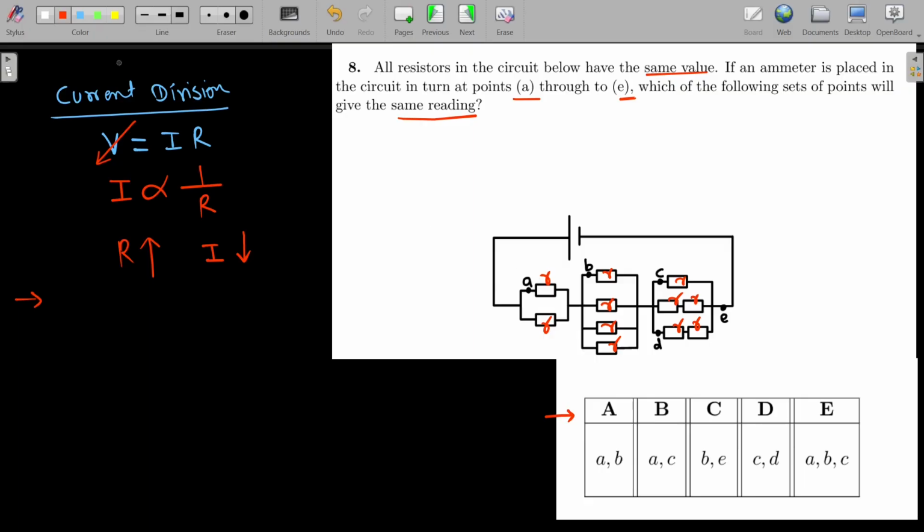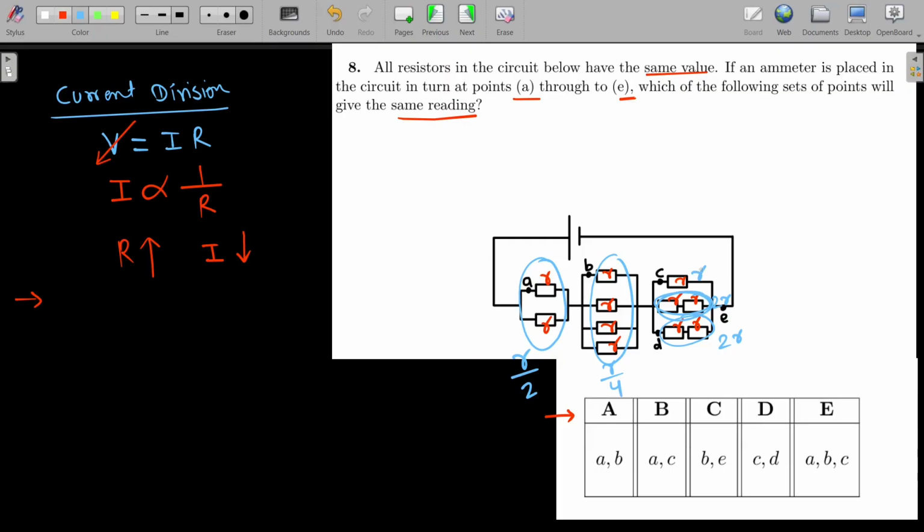Okay, so let us try to visualize this situation. In this parallel connection, what is the R equivalent? It is R by 2. When we have two equal resistors connected in parallel, the equivalent gets divided by 2. Similarly, here it should be R by 4. And what should be here? This is R, and this combined should be 2R and this should be 2R.